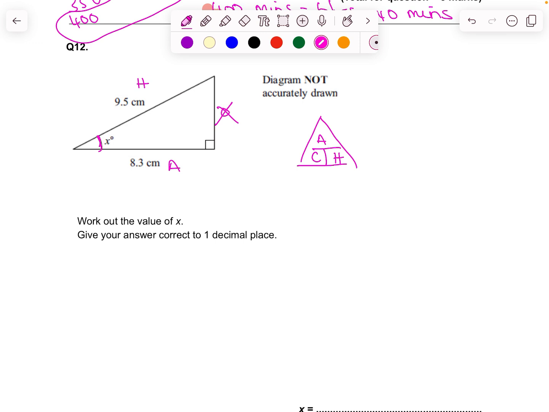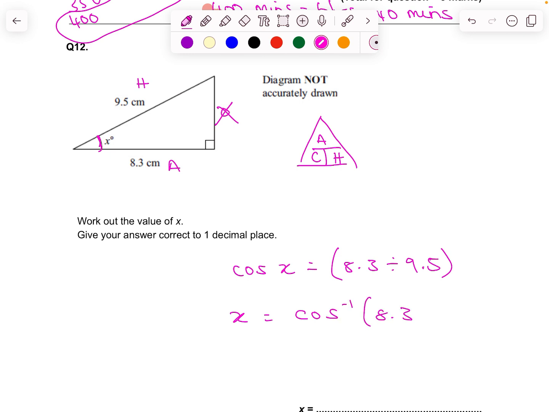When I then cover up what I'm trying to find, which is the angle, it says I need to do adjacent divided by hypotenuse. So let's do that. So I know that cos of x equals the adjacent 8.3 divided by 9.5. Remember, we need to do our inverse cos in order to find the angle.